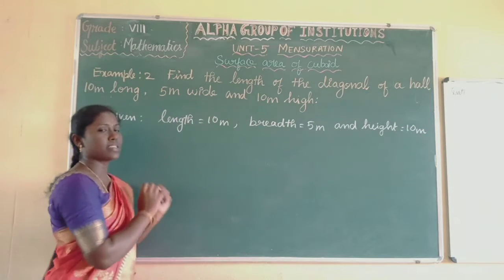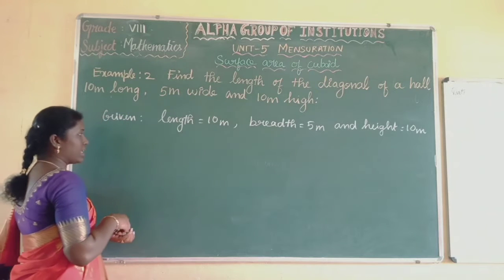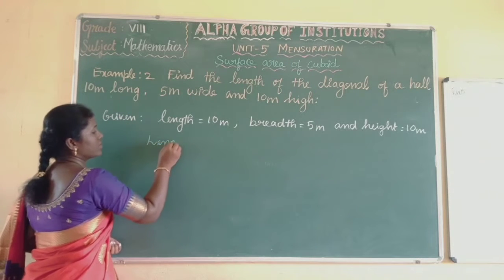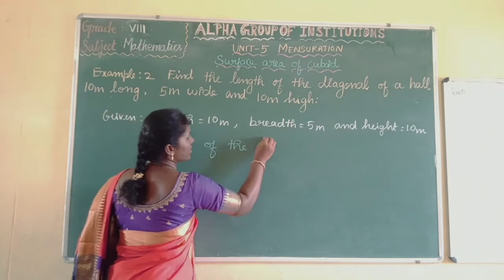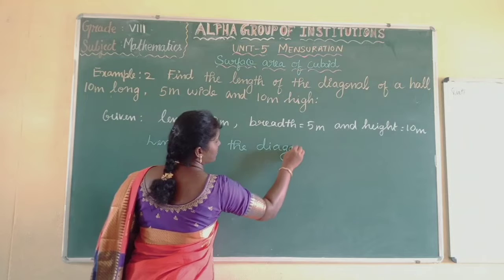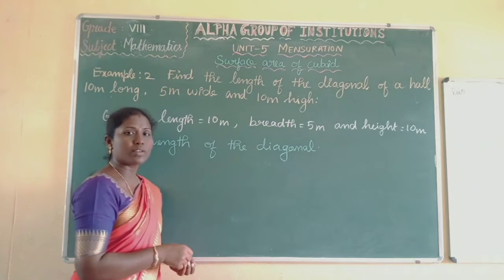These are the given things here. We have to find the length of the diagonal. So how to find the length of the diagonal? What is the formula? Recall once. What is the formula for length of the diagonal?